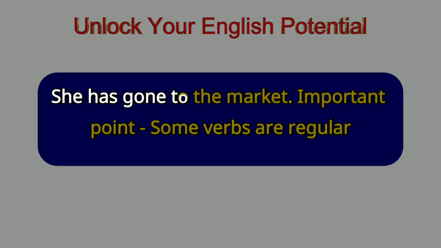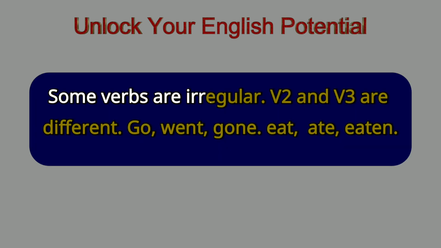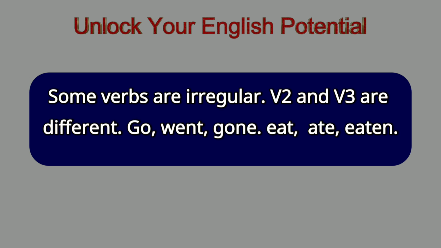She has gone to the market. Important point: some verbs are regular. V2 and V3 are the same. Like, liked, liked. Play, played, played. Some verbs are irregular. V2 and V3 are different. Go, went, gone, eat, ate, eaten.